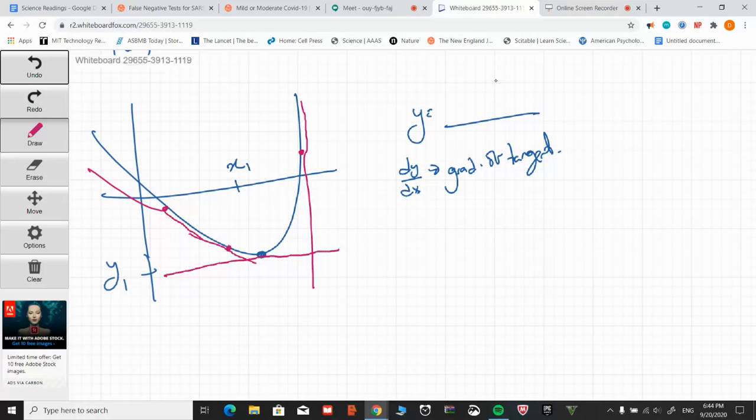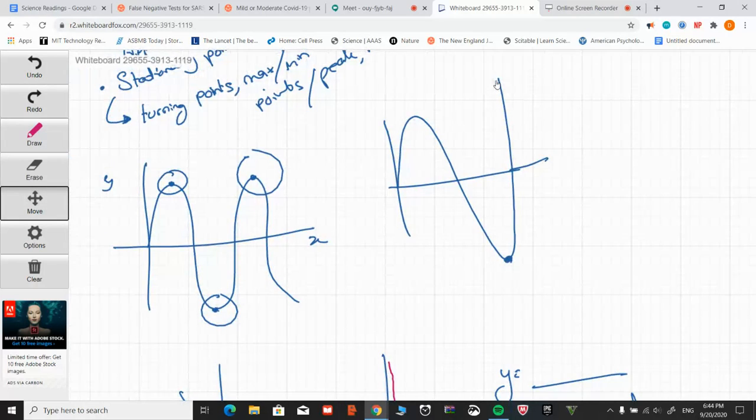Because what does tangent mean? It's basically a line that would touch that point and go away. At a turning point, the only way you can draw a tangent is by making it horizontal. It won't tilt down, it won't tilt up. At the peak, it's gonna be horizontal. If it's a bit slanted, it's not a tangent. No. This is not the tangent of the peak, this tangent is a bit lower or something like that. So the only way you can draw a tangent at the turning point is by drawing a horizontal line at that point.